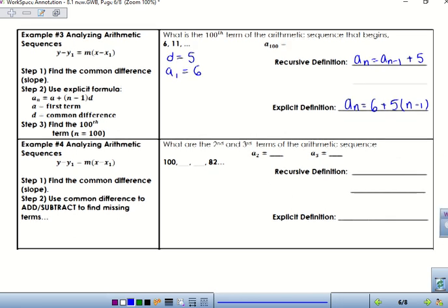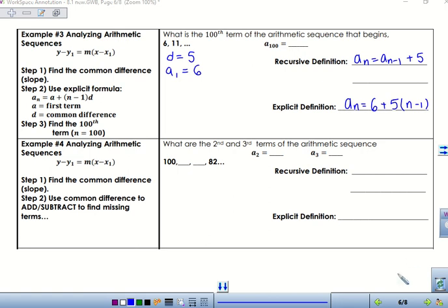So sometimes you're going to see something a little bit more tricky. There's a few different ways you can do this. There's like 100 different ways I can think of, but I'm not going to try to overwhelm you with all of them. So let's talk about it. Do we have sufficient information to find the common difference here? No, unfortunately we don't.